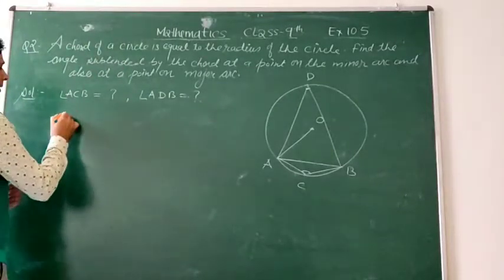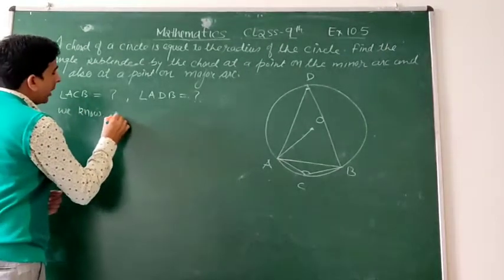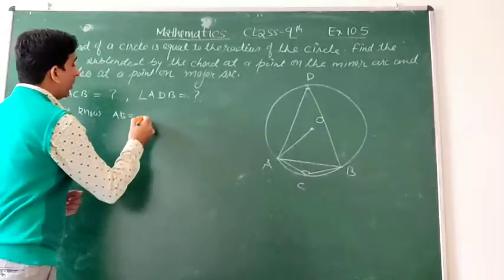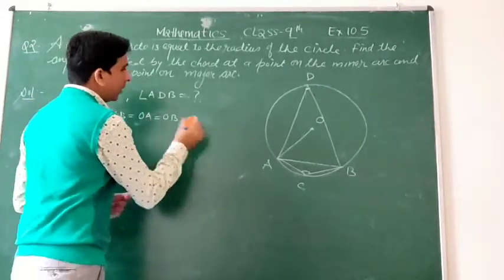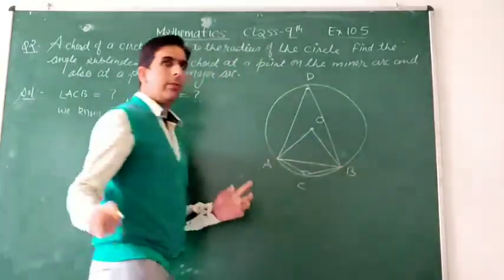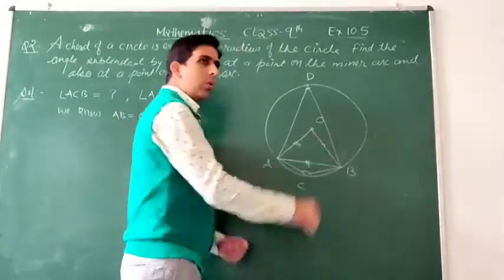We know that AB is equal to OA is equal to OB. If we join O to B, then we get AB equal to OA equal to OB.